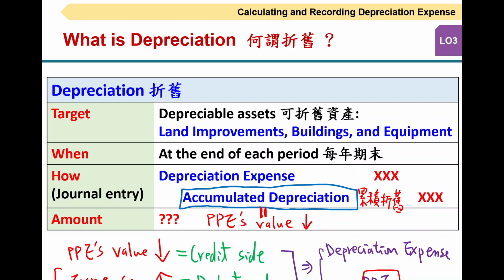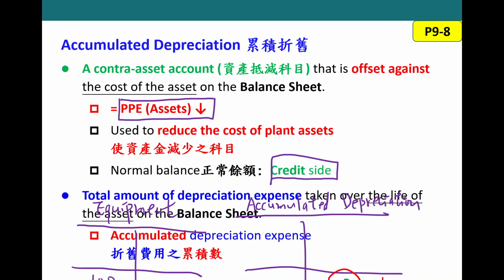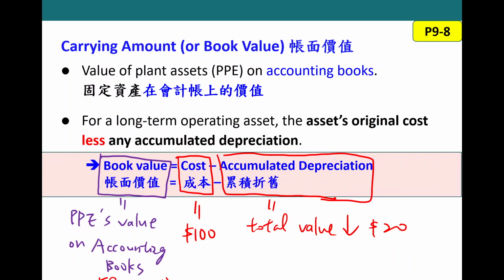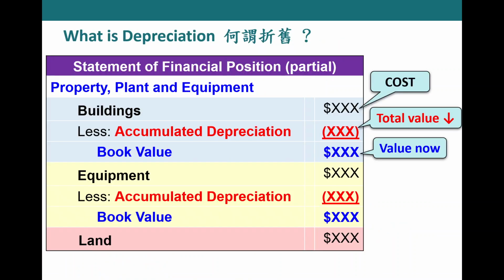After that, you will get the numbers for each account. Then we will note how much my PPE's book value is. Then after that, we are going to report the situation on our balance sheet.